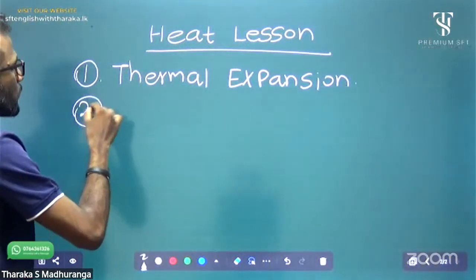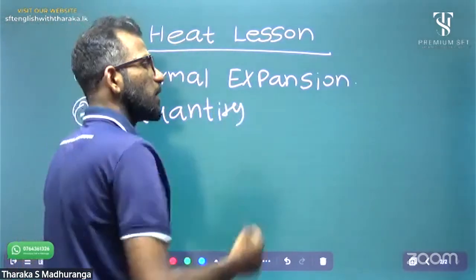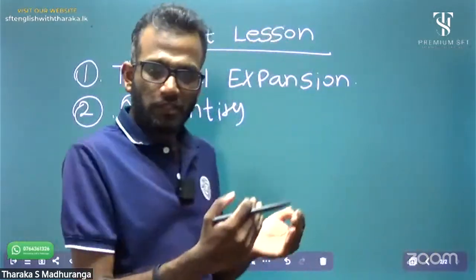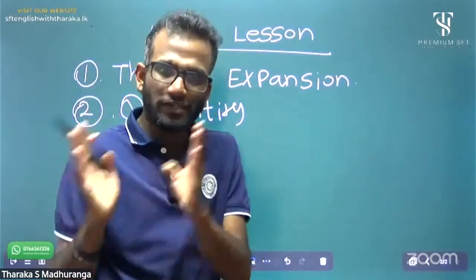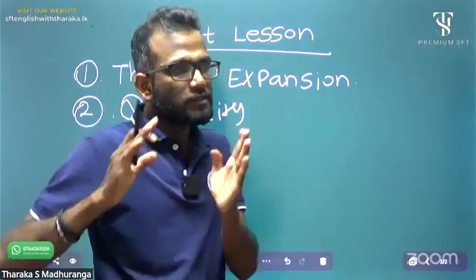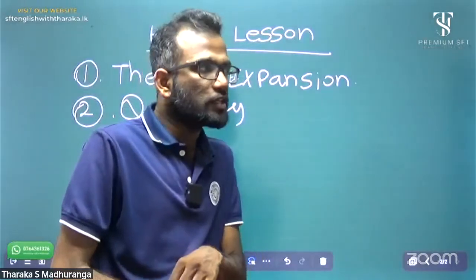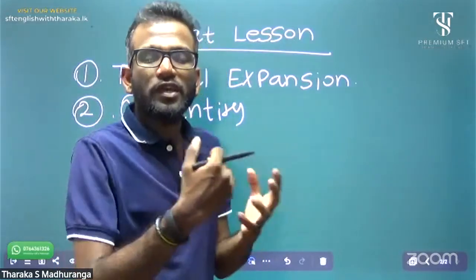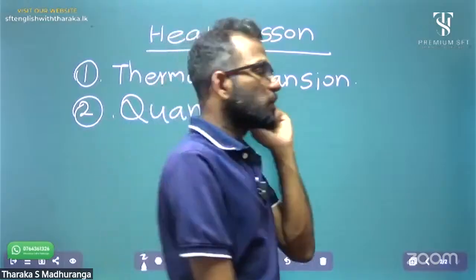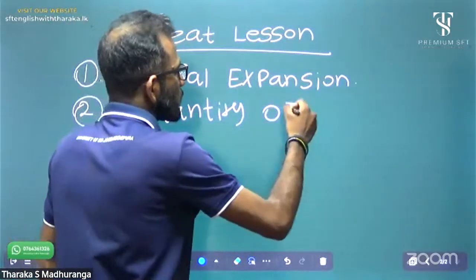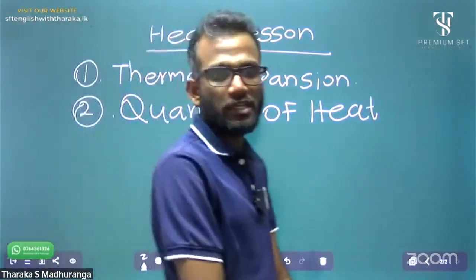The second part is the quantity of heat, Q. In quantity of heat, we mainly discuss heat capacity, specific heat capacity, and specific latent heat. Last week's class, I separately introduced what heat capacity, specific heat capacity and specific latent heat are, and physical state changes, what the differences are and how we need to use these measurements in different questions.